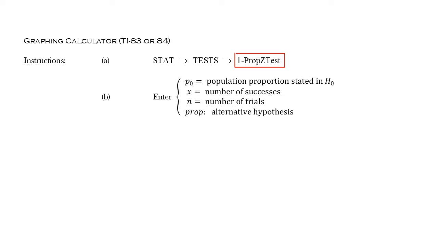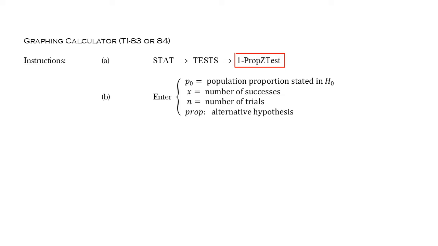And we enter these values: p0, which is the value from our null hypothesis; a value for x, the number of successes; a value for n, the total trials in our sample.